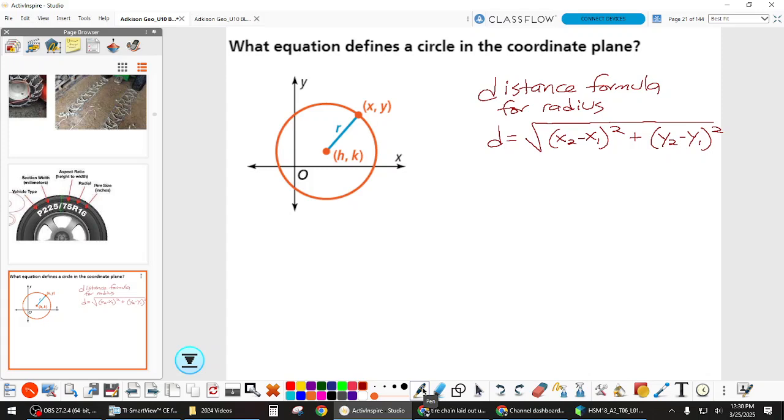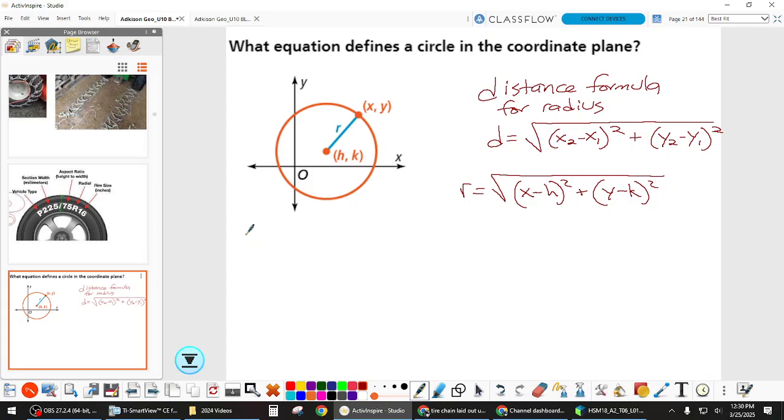So if we did it specifically for this r value, how would this change? Well, it would be x minus h squared plus y minus k squared. H and k is where? I'm not asking for numbers. Like, what would you say that point is? That's the center.